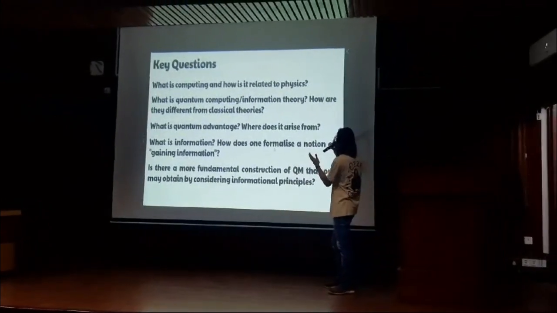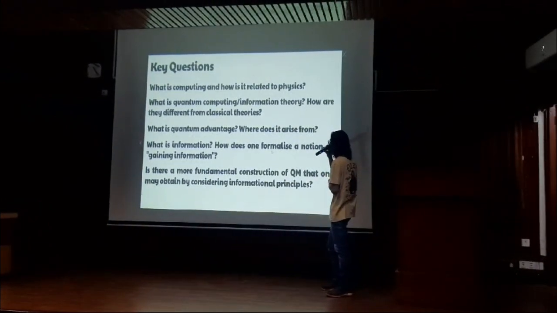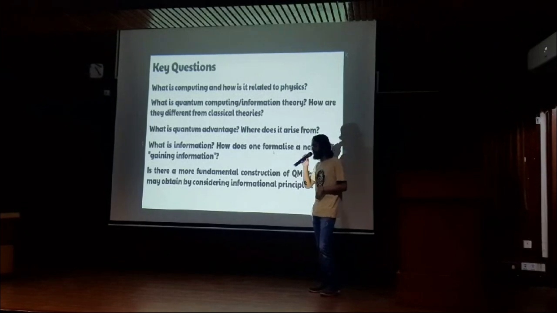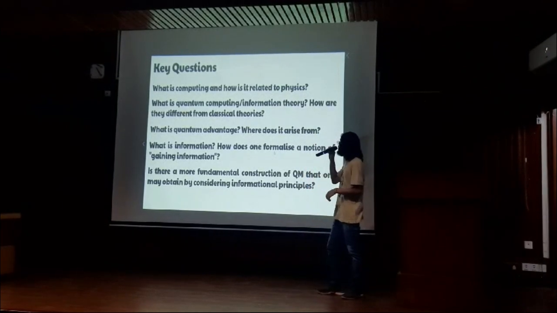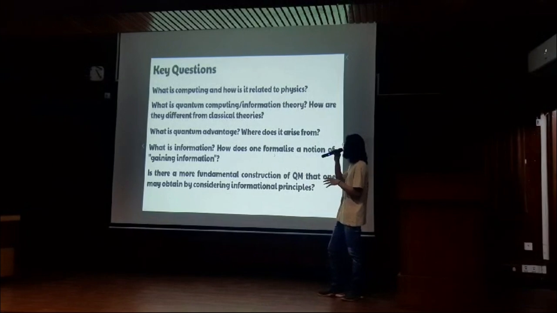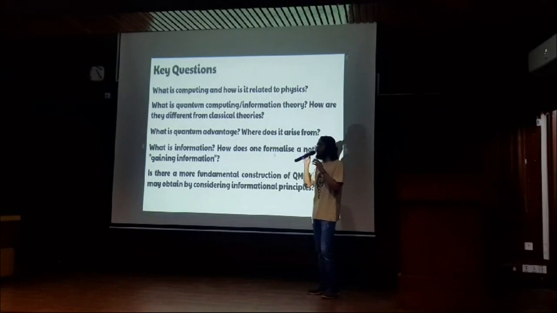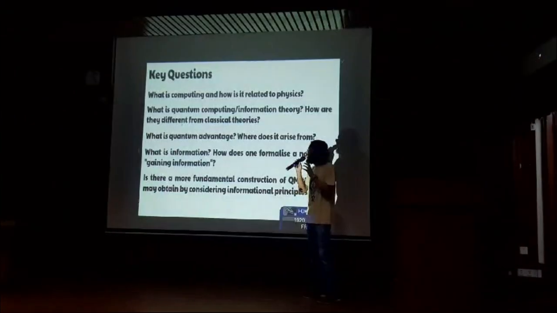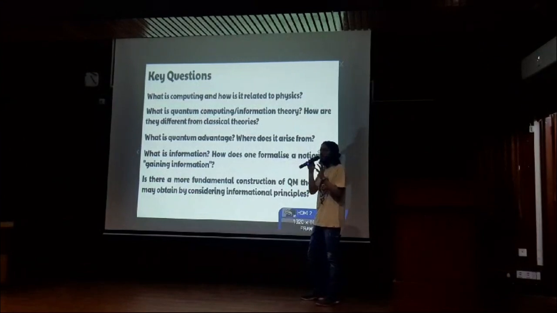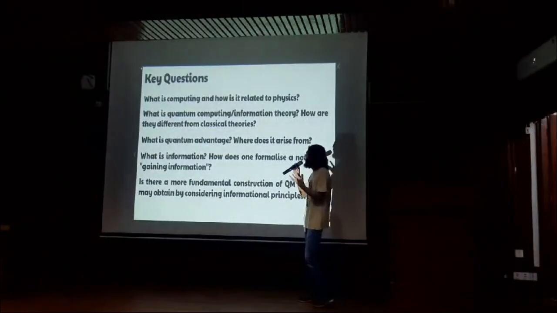So what is quantum computing or information theory, and how is it different from the classical theories we studied before? Computing and information theory are just general things. Computing is just data processing.